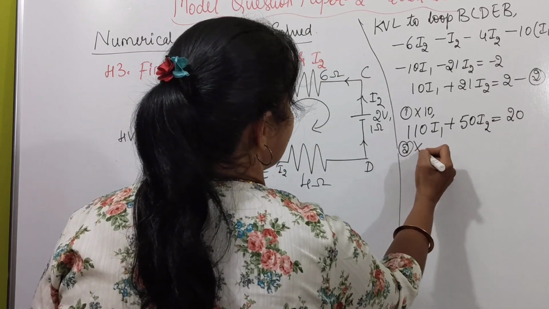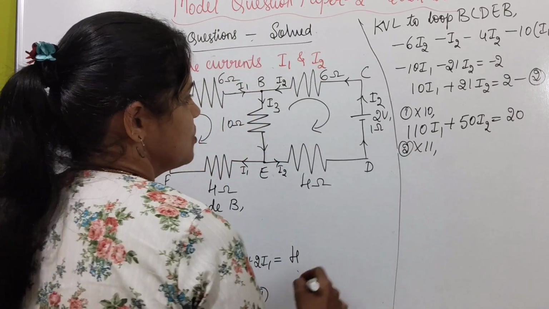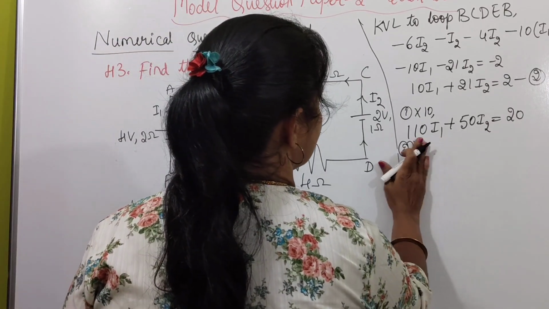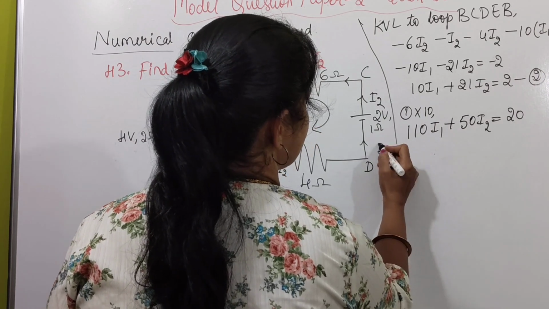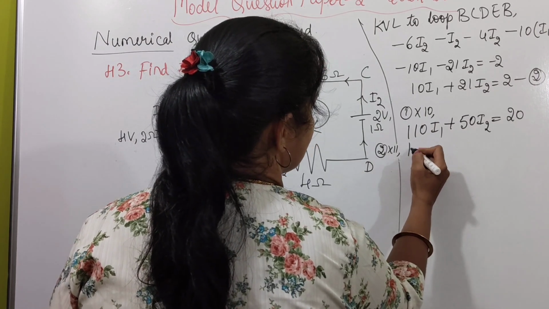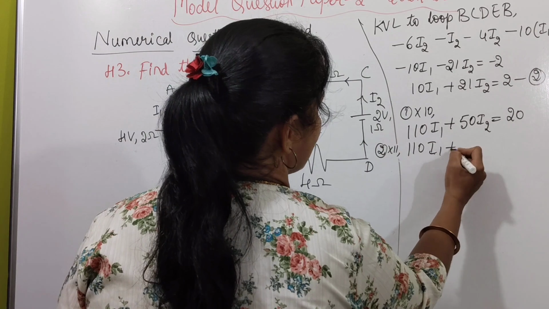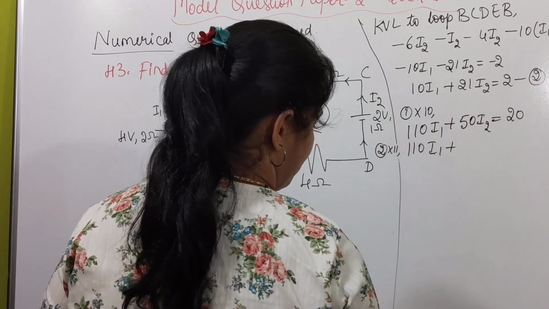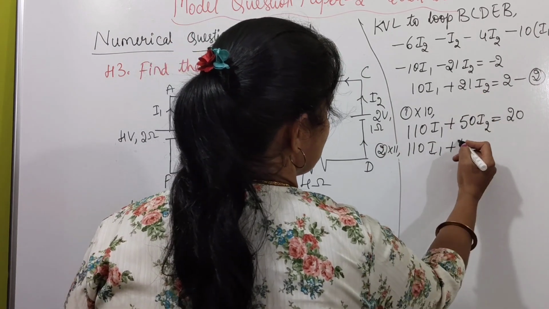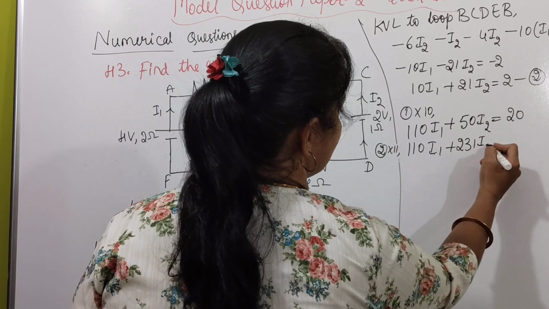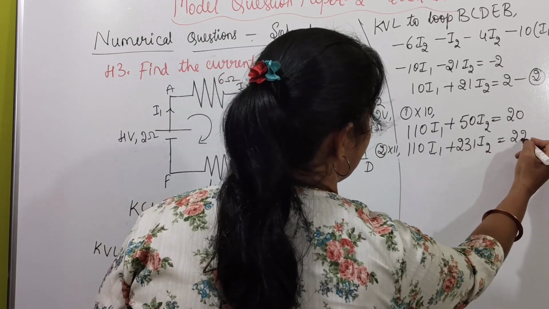Similarly, equation 2 is multiplied by 11. So it is 110 I1 plus 11 into 21, that gives 231 I2, is equal to 22.